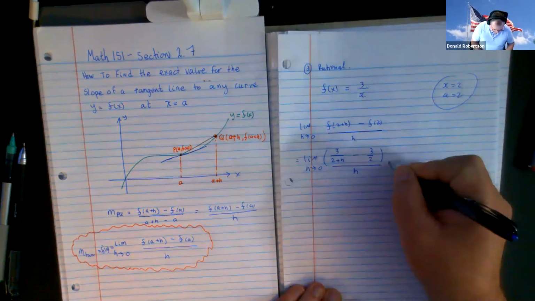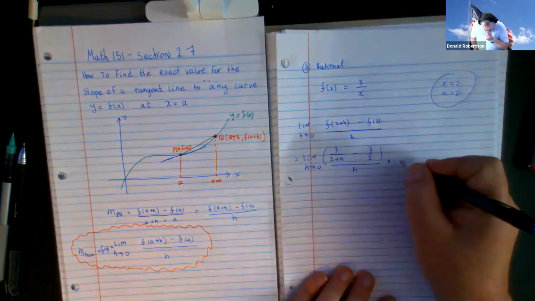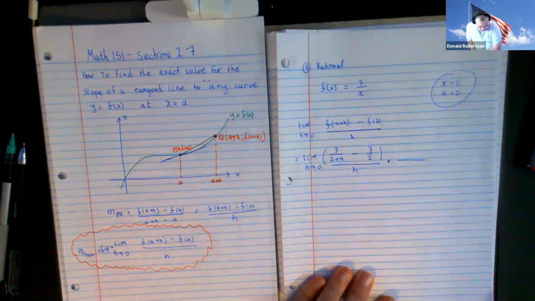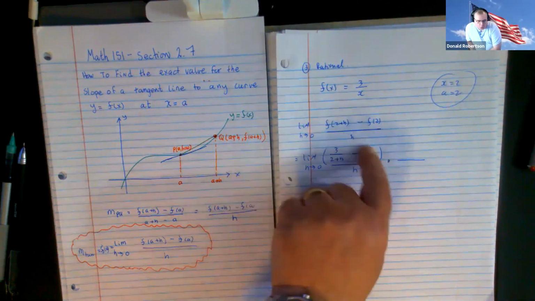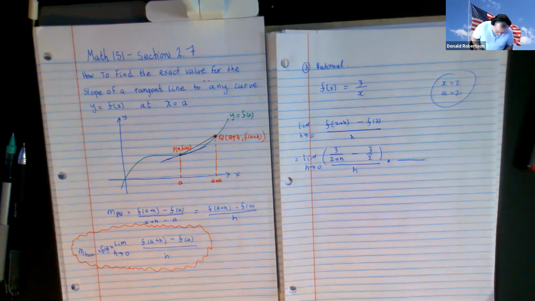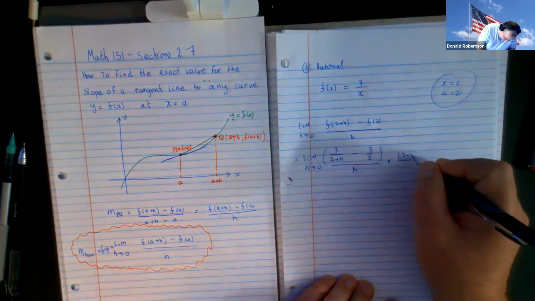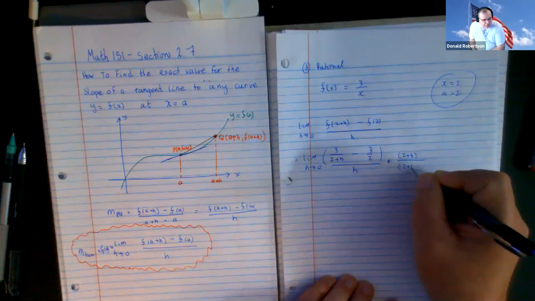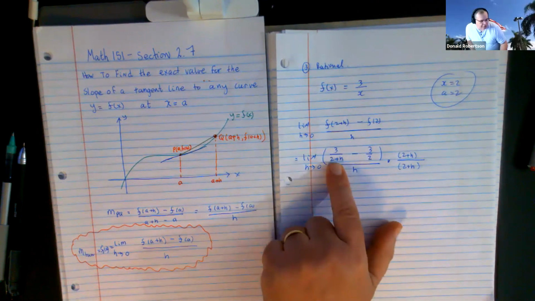And if you prefer to, by all means do it. I'm going to do it a different way. I am going to do this by multiplying this ugly fraction by a special version of 1. Now, if I multiplied the top and bottom by 2 plus h, wouldn't that guy just turn into a 3?